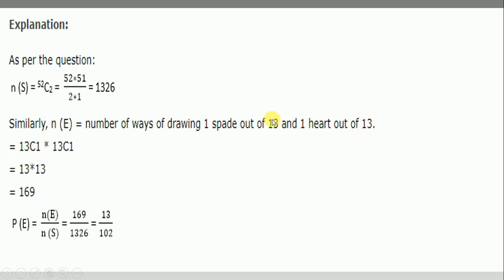I hope you all know that there are 13 spades and 13 hearts in a deck of cards. So it will be 13C1 into 13C1. In this case 13 into 13 will be equal to 169. So nE divided by nS will be the required probability that we are finding. So it will be 169 divided by 1326. So your answer will be 13 divided by 102.